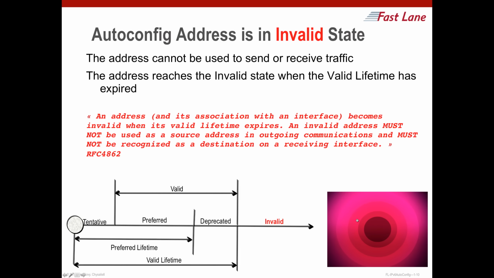But if the address is not refreshed by any means, then it may reach the invalid state. In the invalid state, the address cannot be used anymore, and it is as if the address was removed from the interface. The address is finished and cannot be used any longer.